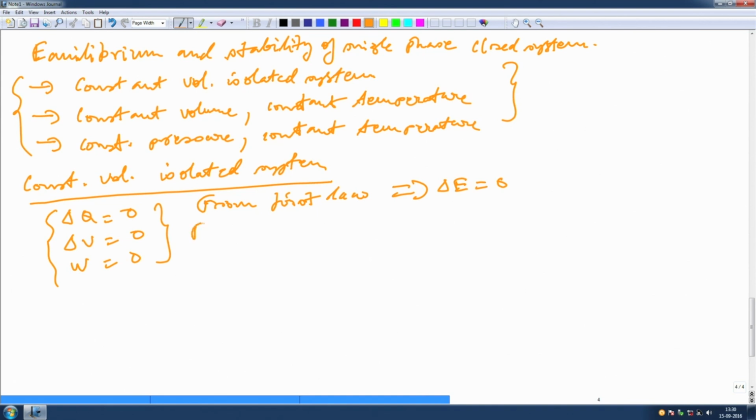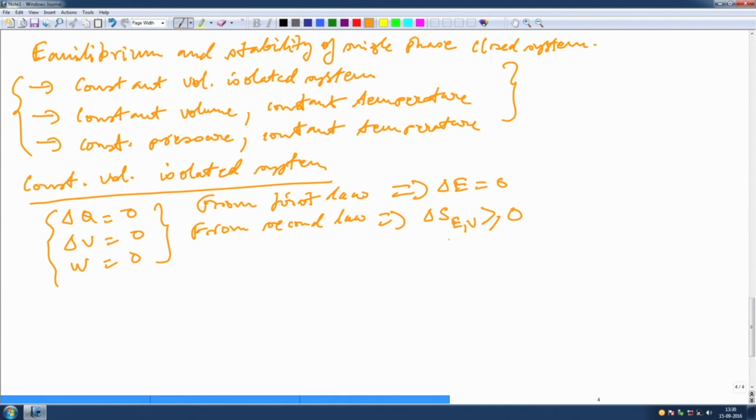So, from the second law, we can tell that the change of entropy of the system for constant internal energy and constant volume should always be greater than or equal to 0, correct. Okay.